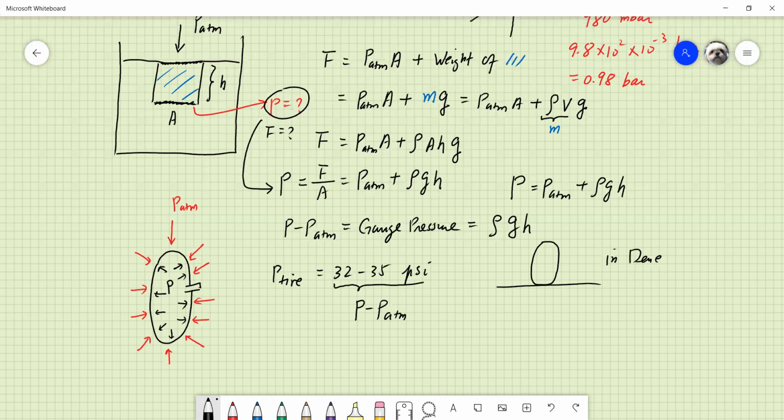There's less atmospheric pressure, so the tire will inflate more, right? The reason is, if you go to high elevation, the atmospheric pressure decreases. So therefore, the gauge pressure increases, and it looks like the tire buckles. Now, obviously, this effect is very small, right?